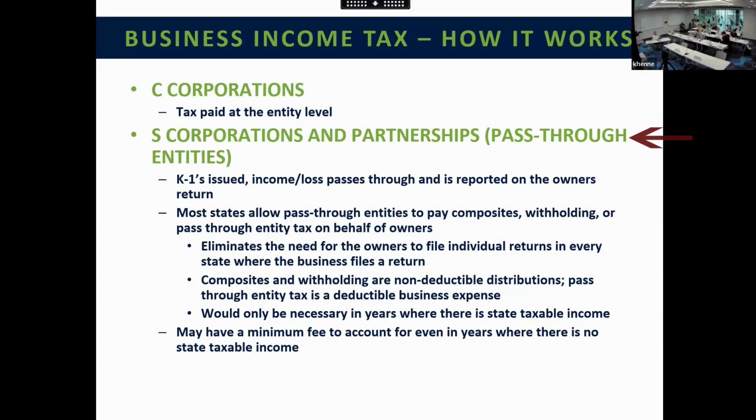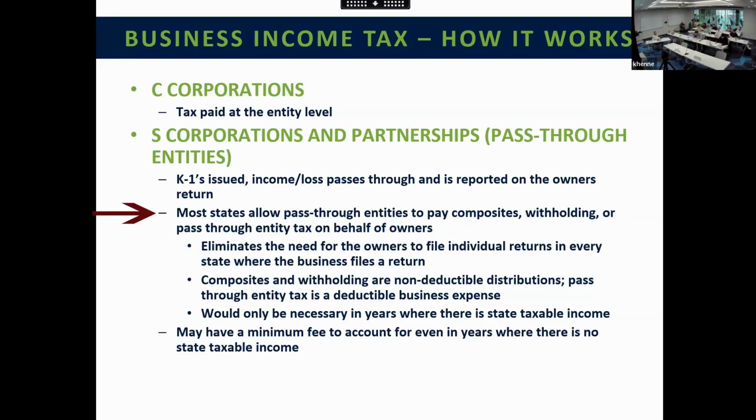So then S corps and partnerships are pass-through entities. When we're filing states on these returns, we're issuing state K1s the same way we issue Fed K1s. There will be one for each partner, showing their income allocated to that state, and the payment that was made on their behalf if there is one.